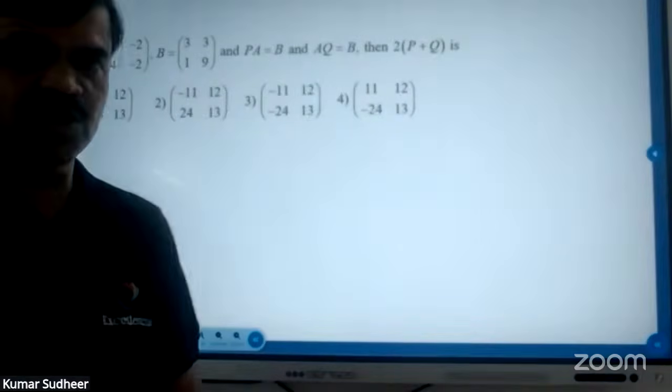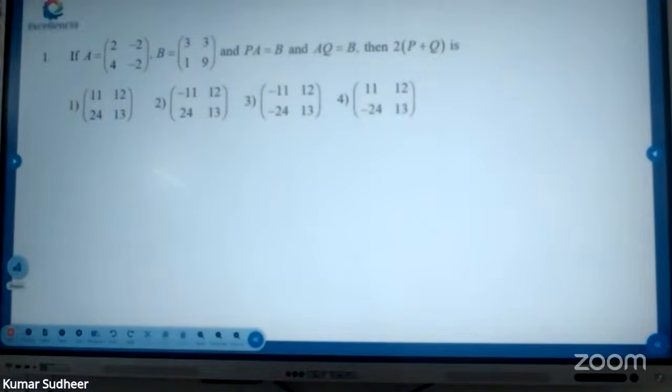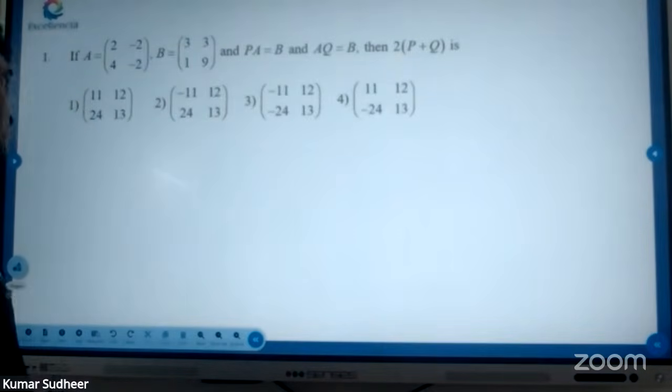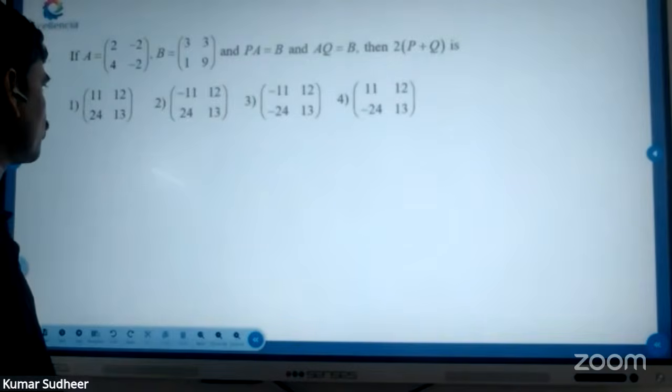The first question is from matrices. We have a 2 by 2 matrix given, A equal to 2, minus 2, 4, minus 2.